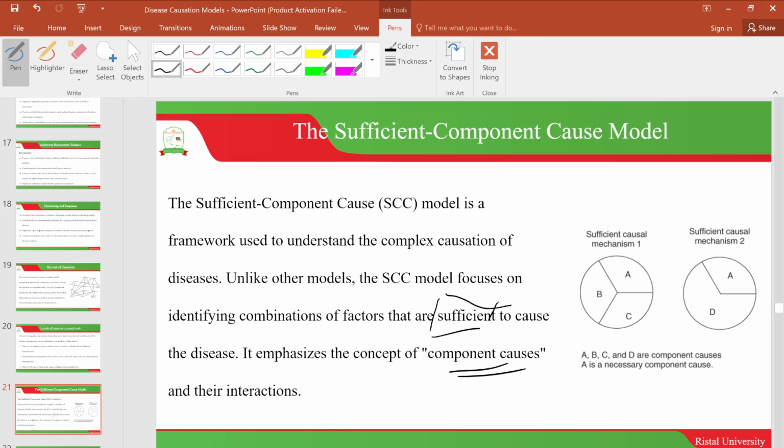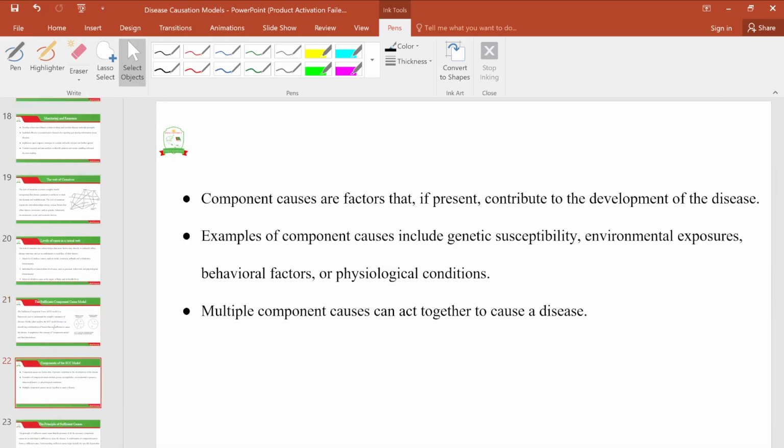But the issue of sufficiency is what differentiates it from the other model, the web of causation that we have just talked about.